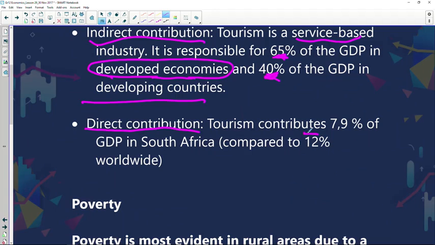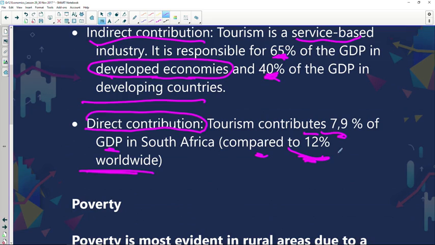And then in terms of direct contribution, so tourism contributes around about 7.9% of the GDP in South Africa compared to the 12% that we often see worldwide. So here you can see the difference as well in terms of the contributions that actually happen in terms of the percentages that we see with direct contribution towards the GDP.